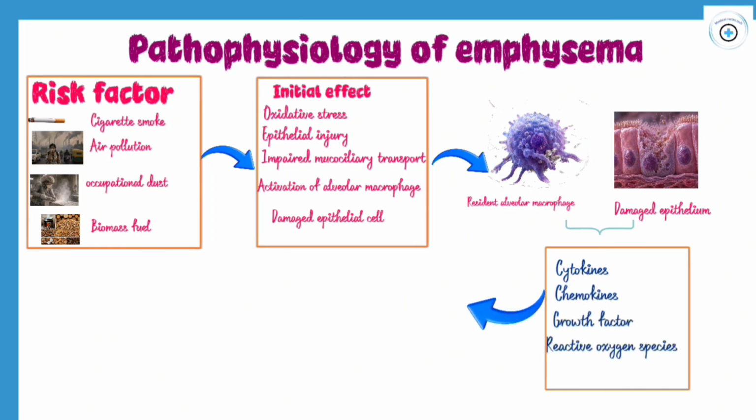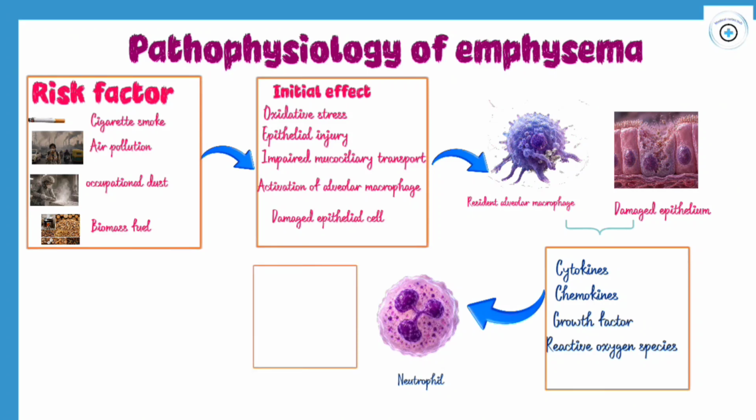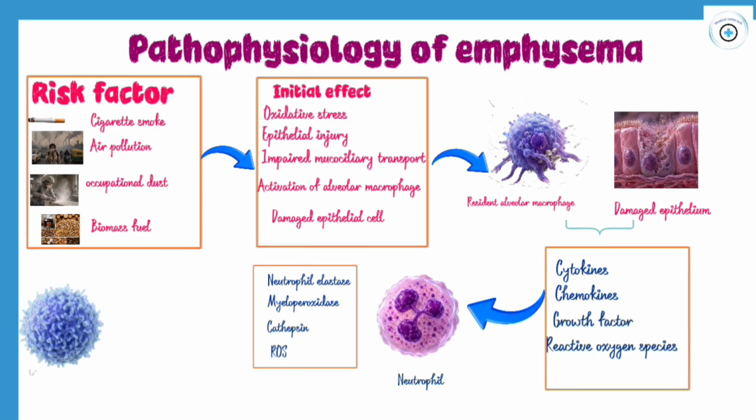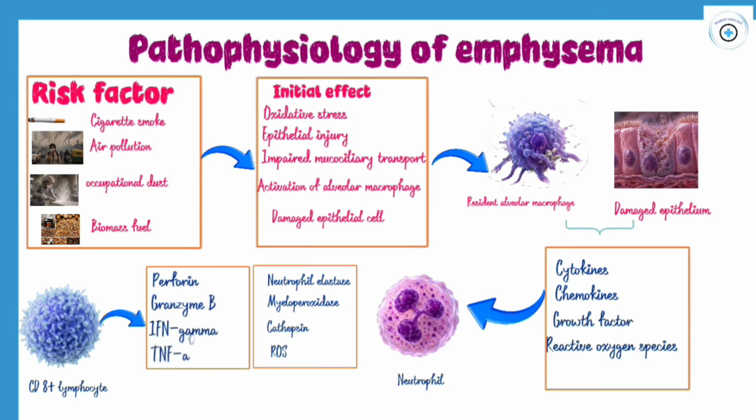Recruitment of inflammatory cells like neutrophil that release neutrophil elastase, myeloperoxidase, cathepsin and more reactive oxygen species. As inflammation persists, CD8+ lymphocyte comes and release perforin, granzyme B, interferon gamma, TNF-alpha.